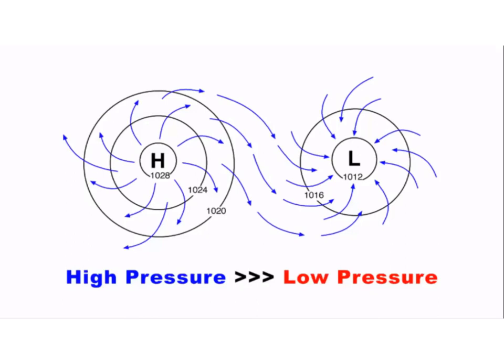So your air is going to be sinking because it is more dense. So that cold air is sinking towards the Earth's surface. When it hits the Earth's surface, it's going to diverge. As it diverges, it's going to spiral clockwise.